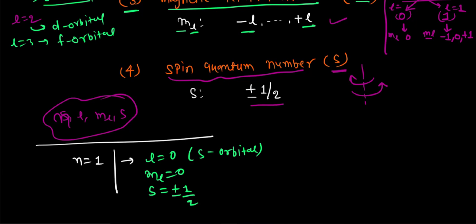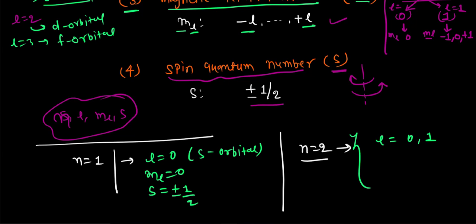Okay, now let's take another example. For n is equal to 2, we can get L is equal to 0 and 1. For L is equal to 0, the m sub L would be 0 and S would be plus minus 1/2.